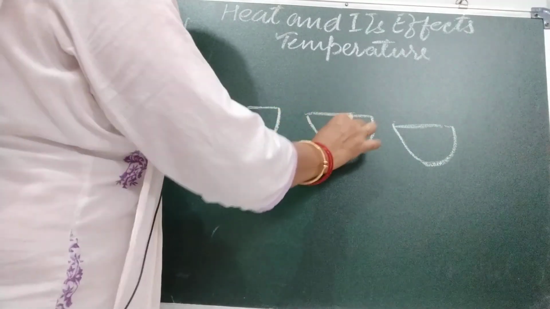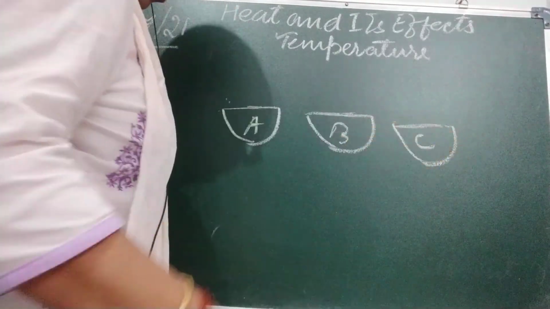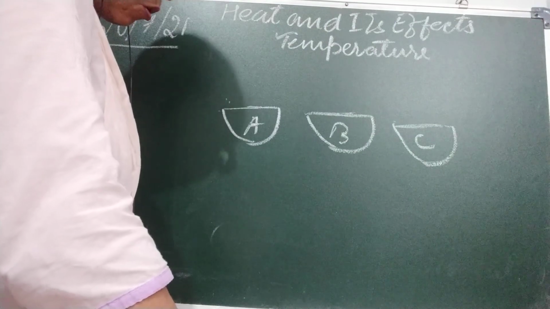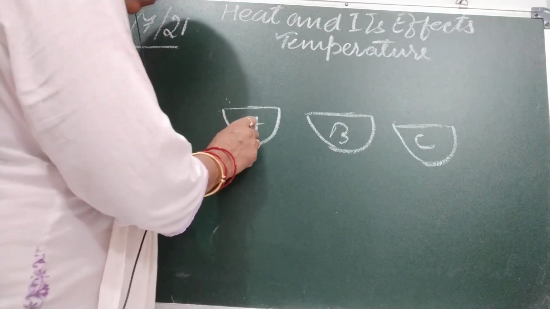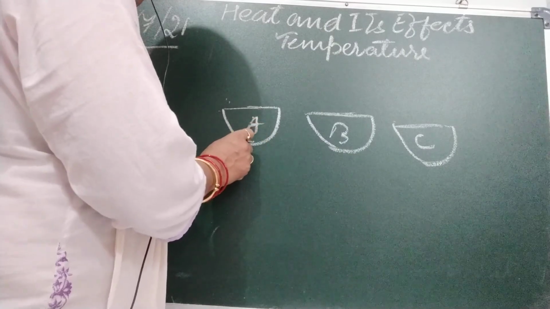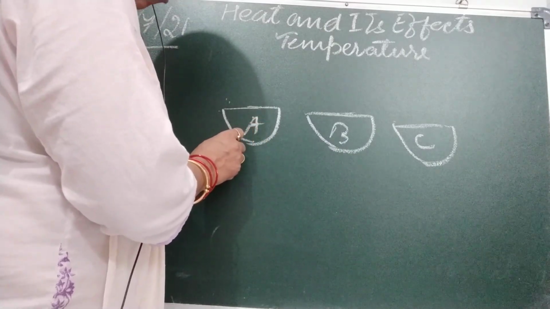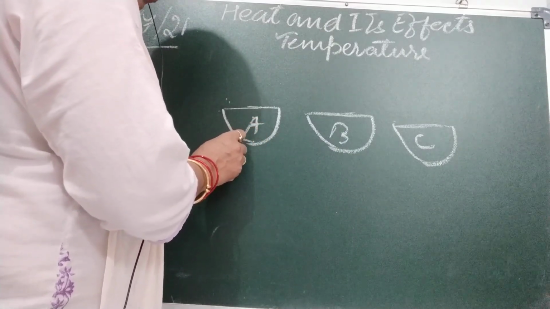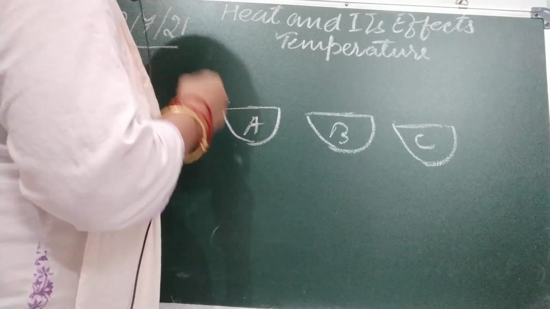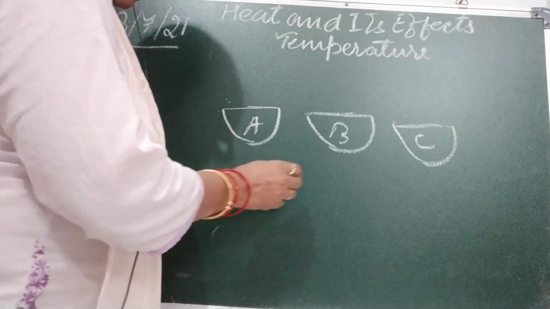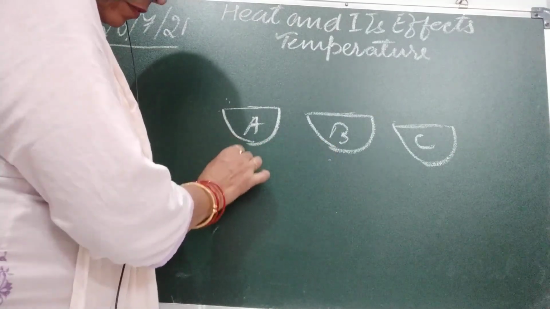Pour some hot water, some warm water, in the bowl marked A. In B, we will take tap water.